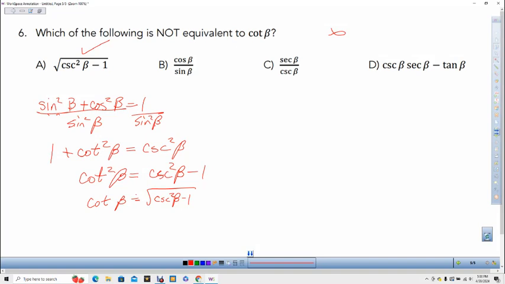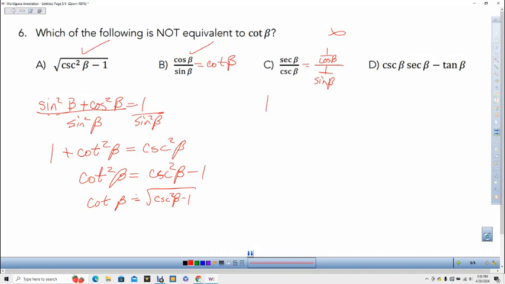Cosine beta over sine beta, well, that by definition is cotangent beta, so that one checks. Secant beta over cosecant beta, well, here's a little trick with that. Remember, secant is 1 over cosine beta, and cosecant is 1 over sine beta. And then keep, change, flip.